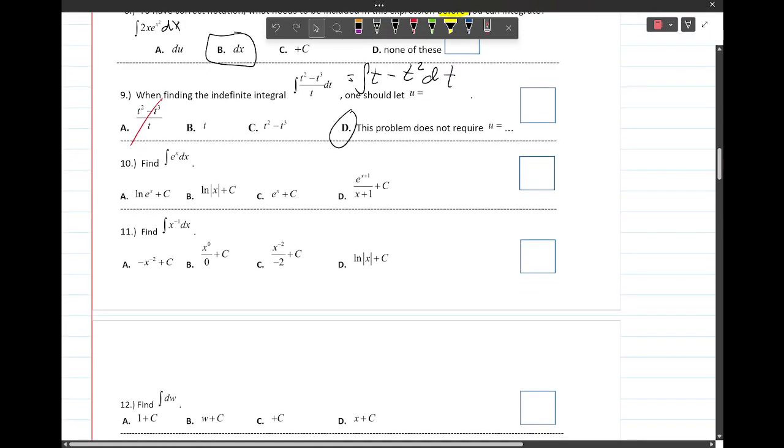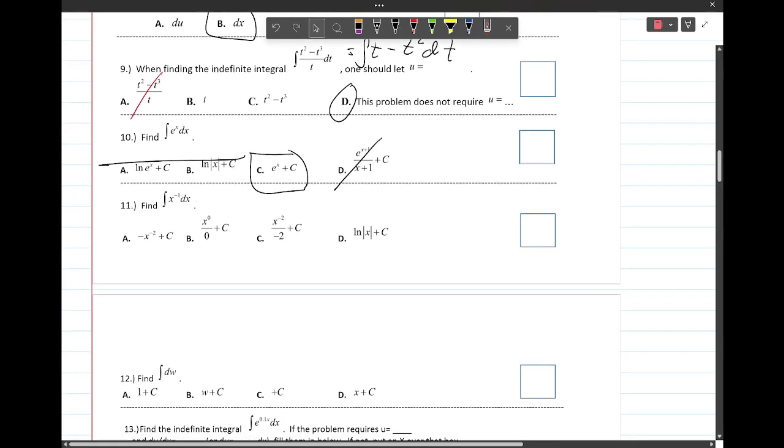Find that one. Okay, so fortunately they all include plus c. So this is just a know-your-definitions type thing. Don't select logarithm. Don't apply the power rule. Select the correct answer. And remember, e to the x doesn't change when you integrate it.